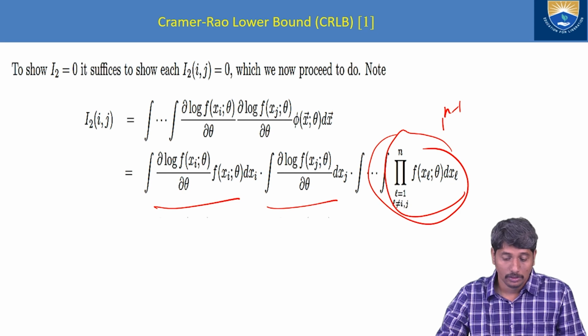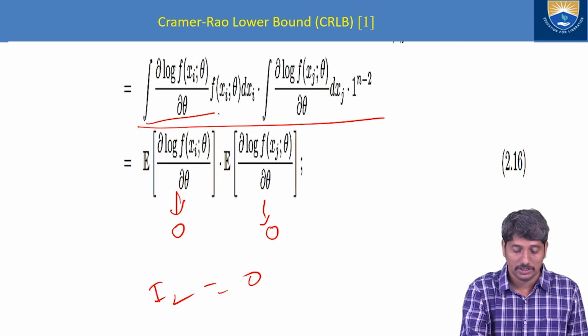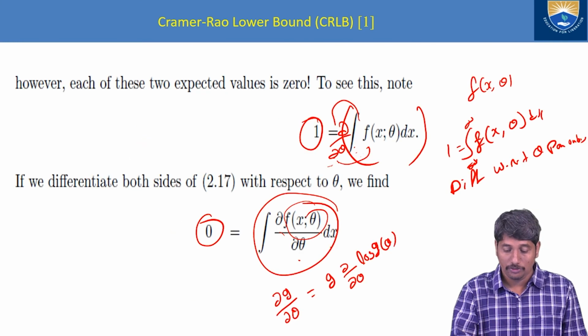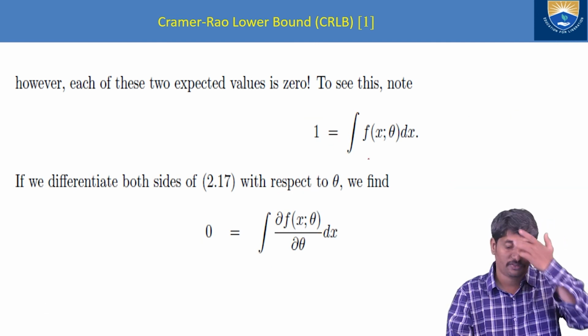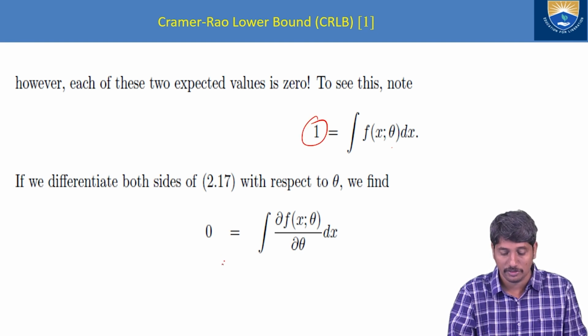Now we have to prove that this expectation is 0. For that we have considered the general formula that the sum of all probabilities is equal to 1. We have partially differentiated with respect to theta, and the derivative of the constant is 0.